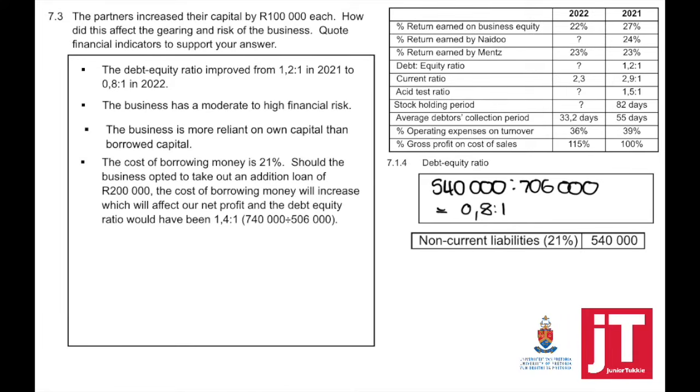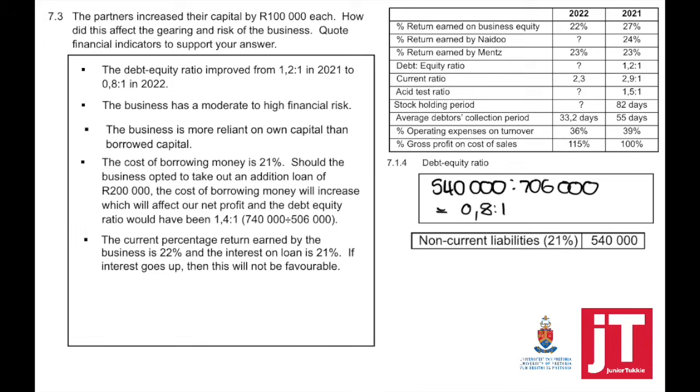If you take 540,000 plus 200,000, divided by the owner's equity of 506,000 now, because this means instead of the partners contributing 100,000 each, we opted to borrow an additional 200,000. So this would have increased our financial risk. It would have gone up from 1,2 to 1 to 1,4 to 1.